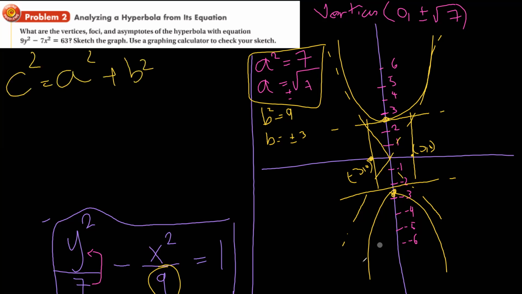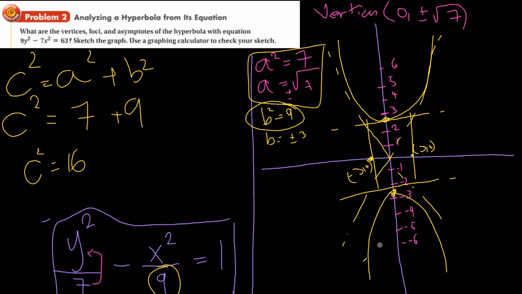This equation helps me find the value of A or B or C. Since A squared is 7 and B squared is 9, I can find C squared. So C squared is 16, so C is positive negative 4.